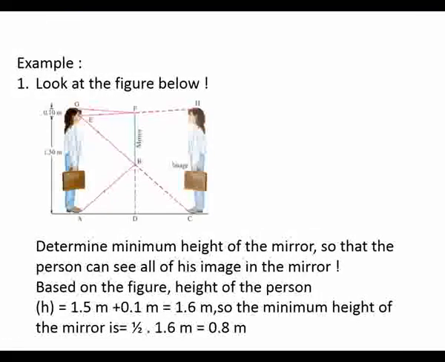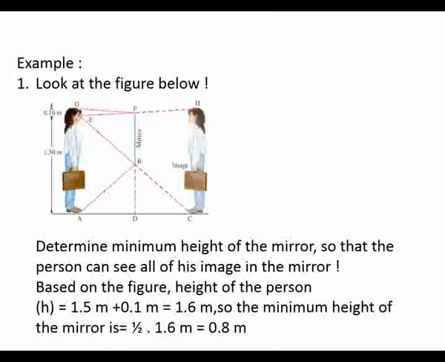Now we can see an example. As you can see from the figure below, determine the minimum height of the mirror so that the person can see all of his image in the mirror. From the figure, the height from the eye to the head is 0.1 meter, and the height from the eye to the foot is 1.5 meters.